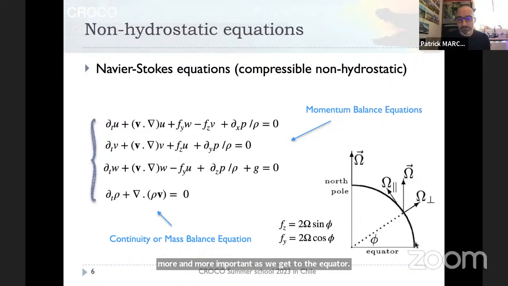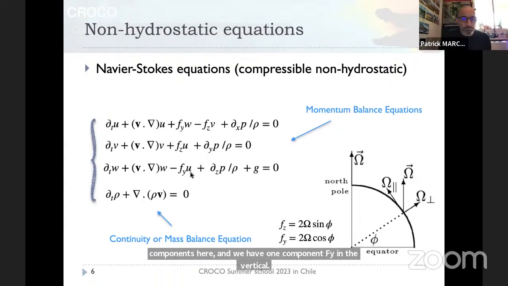So we leave it here, and we call the Coriolis parameter associated with this component Fy, while the more usual vertical component is called Fz. So we have the two components here, and we have one component Fy in the vertical equation as well.